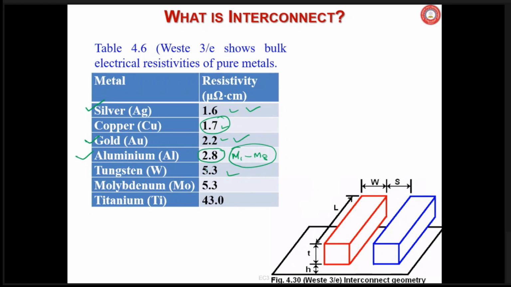There are some difficulties with copper, which we'll study later on, called electromigration. That problem is there with copper, so aluminum was used. Nowadays, of course, processes are modifying, and copper is also being used with some precautions.